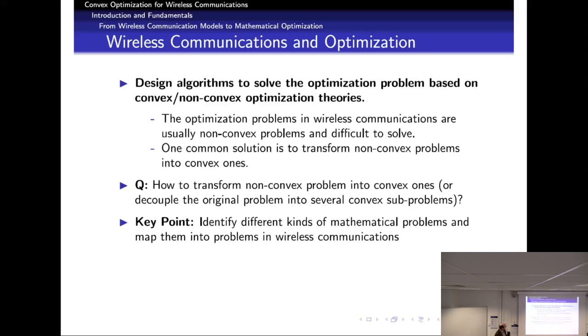Another approach is to say, well, the problem is non-convex, and so I will approximate it by some convex problems. In that case, you may not have a solution to your original problem, but you may have a solution to a problem that is quite close to your original problem.